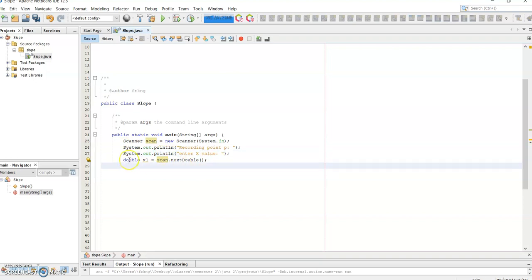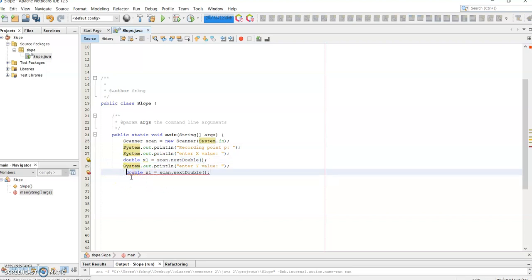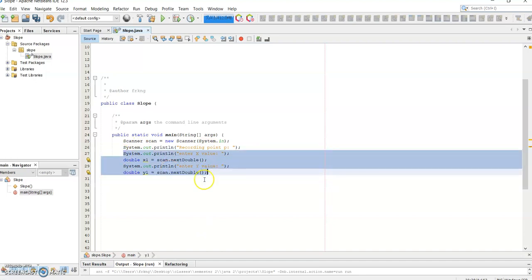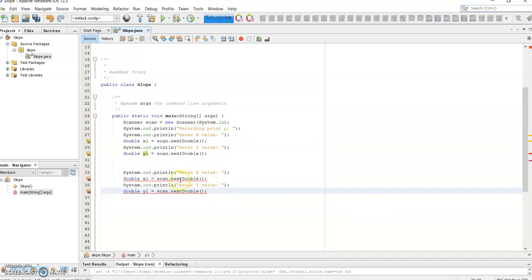For example, this guy here. Enter my value, and then okay, same thing here. Instead of x1, we will say y1, right? Again and again.